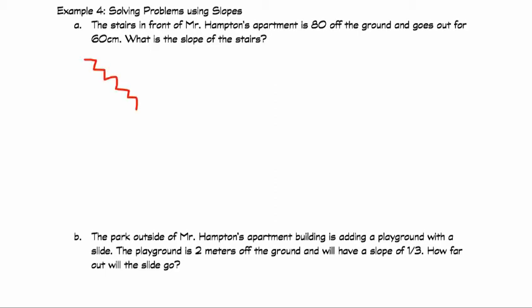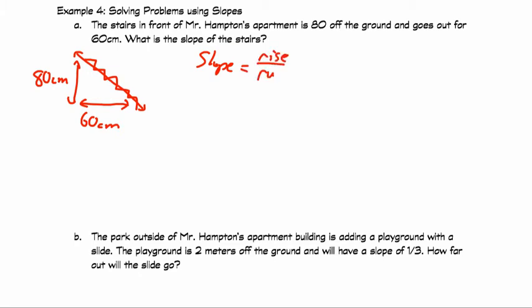Now we are solving problems using slopes. We have a set of stairs that is 80 centimeters off the ground and 60 centimeters out. Okay, so the slope of these stairs here, our slope is equal to our rise over our run.